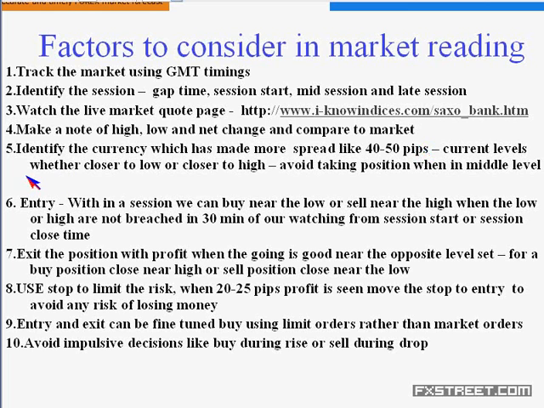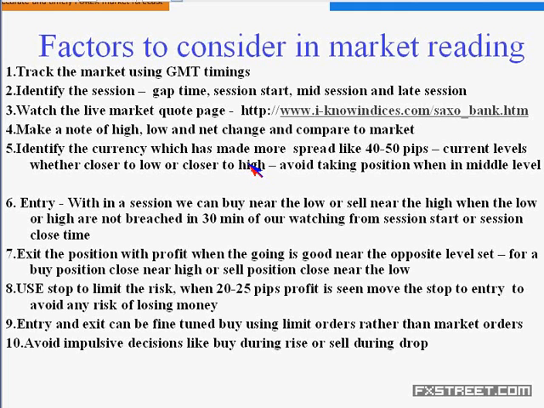Then also refer to the current level, whether it is closer to the low or closer to the high. So in the case of euro, you know that high is 1.3095. Currently it is trading around 1.3071. So low is 1.3047. So euro is in the middle level.